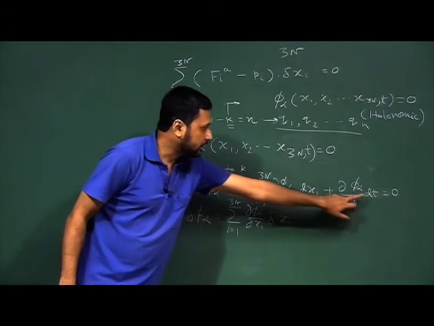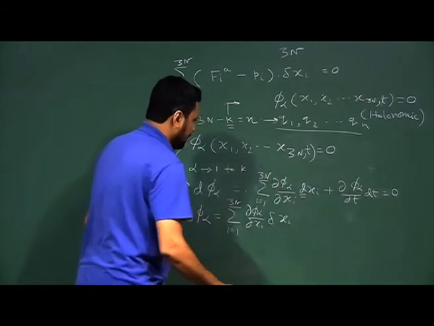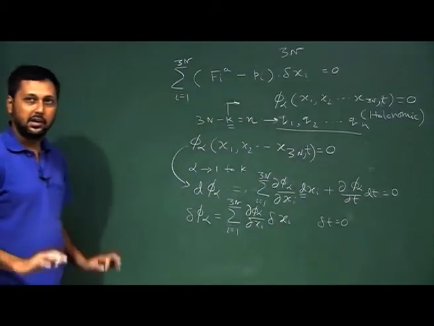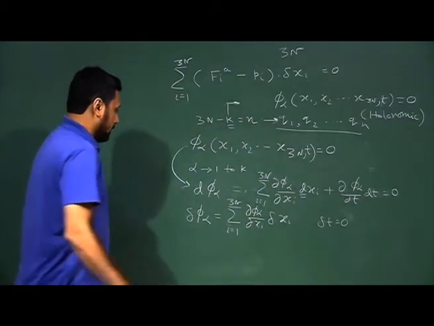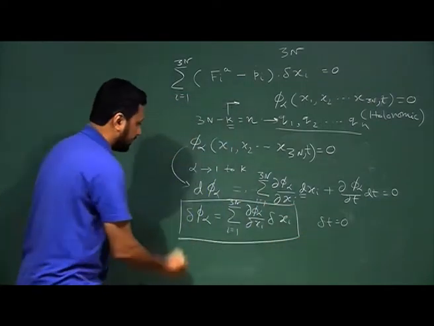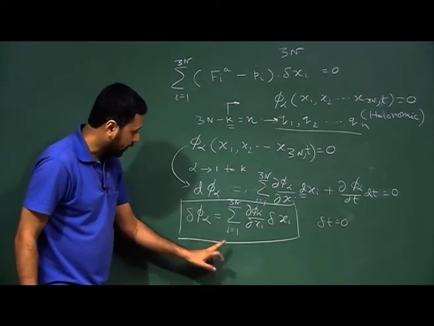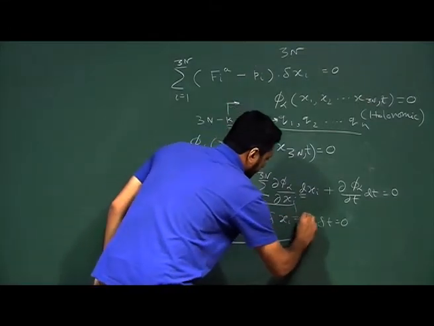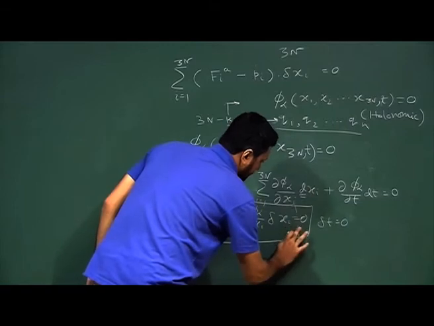What happens to this term? This term goes to 0 as delta t for any virtual displacement is equal to 0. So this is a straightforward outcome of the constraint equation, and it is equal to 0.